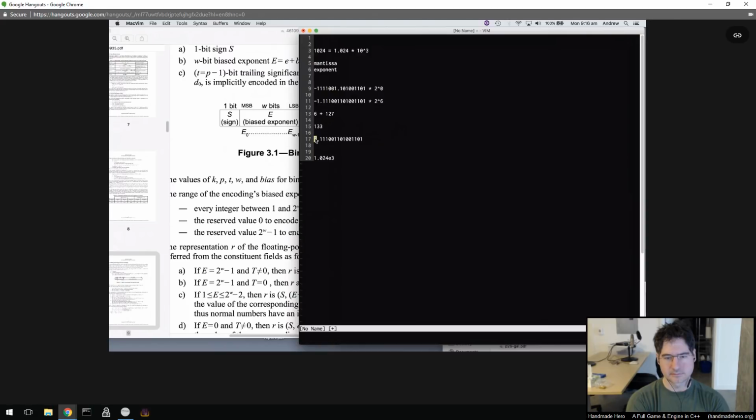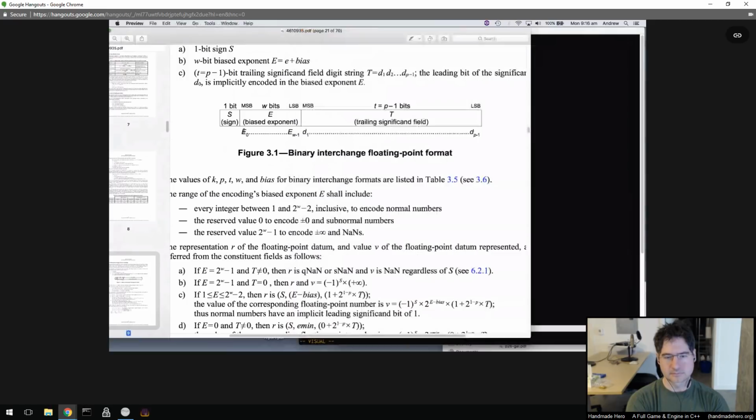It's never a zero, because that's what we mean by this kind of normalized scientific notation. So we don't actually need to store that. We strip that off and we store that bit pattern. And that is called the significand, the trailing significand field, as it's called in the standard. And with that, you can store any what we call normal number.